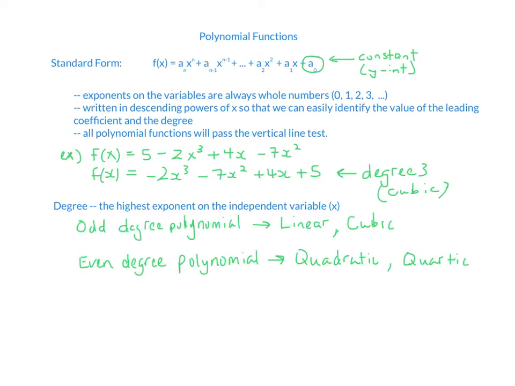Okay, and what we know about our odd degree functions, things like linear. Linear is odd degree, it's a degree 1. That's our simplest polynomial function with an odd degree. Now what I want you to remember here is linear relationships either look like this. If our slope was negative, we had the line going up to the left and down to the right, or it looks like this.